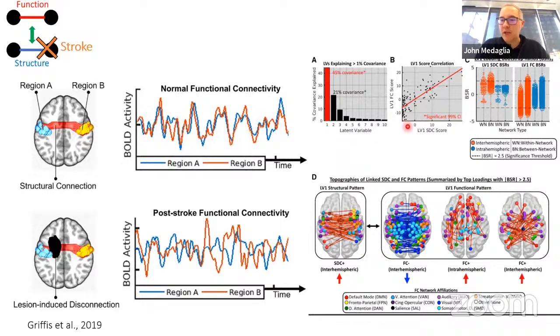And so what they were showing here is that if you look within and between networks, and you look between and then within hemispheres, you can see that the intrahemispheric ratios of the strength of these components shifts in response to stroke. What do I mean by that? I mean that this gobbledygook here on the bottom right, this big cluster of network edges, moves as a unit in response to stroke.